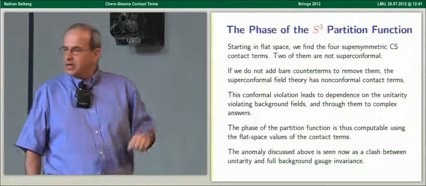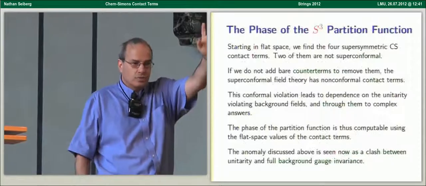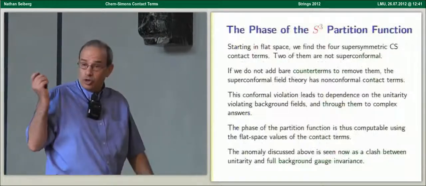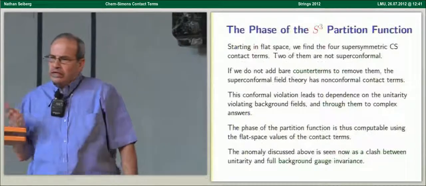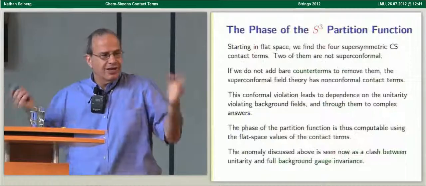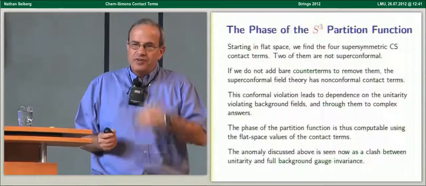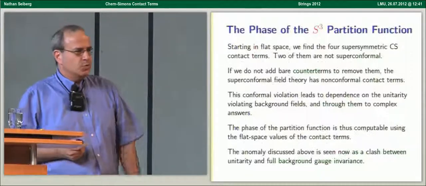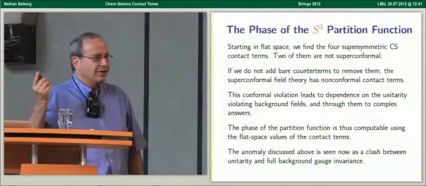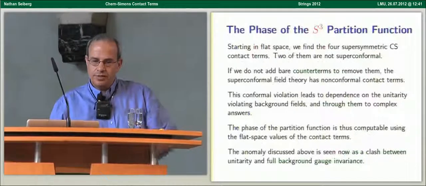We can say it more precisely by equivalently adding fractional Chern-Simons terms to cancel the offending contact terms, and when we do that, everything is nice and superconformal. We can go to the sphere, find real answers as we want, but we pay a price, and the price is that the answers are non-invariant under large gauge transformations, or the extension of the fields to 4 dimensions.